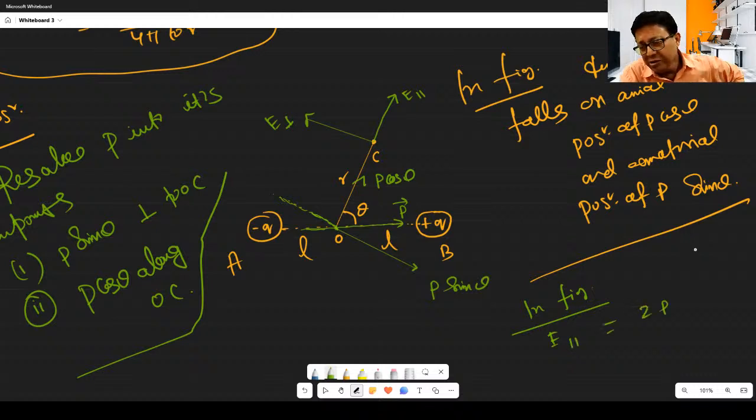Axial position. You remember? 2p by 4 pi epsilon 0 r cube.